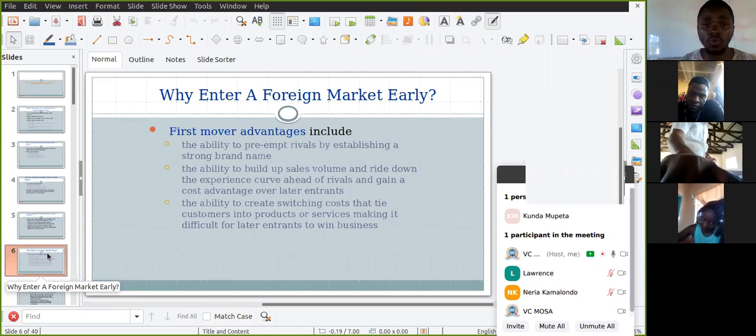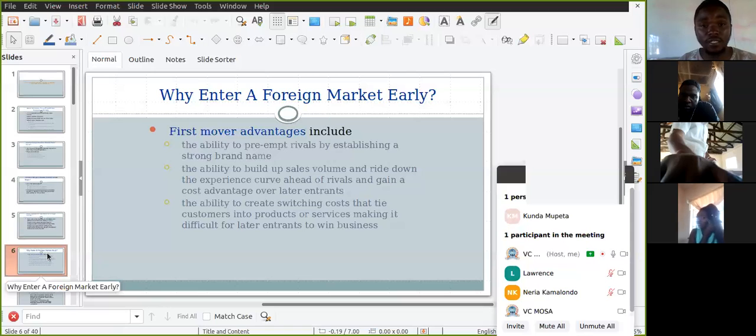So you'll be able to make your name known, like the name of your company will be the first thing that every person is going to know because you are the first to enter that given market. And you need to make sure that the products you'll be producing for the consumers in that area carry the strong brand name, and you will be able to win the whole entire market.